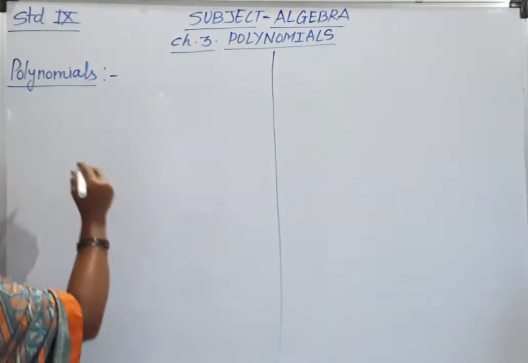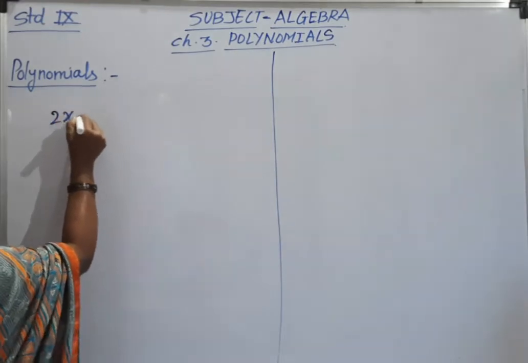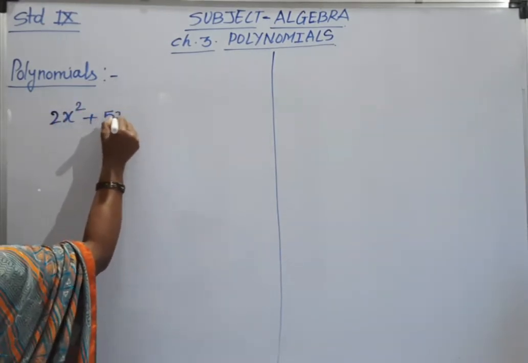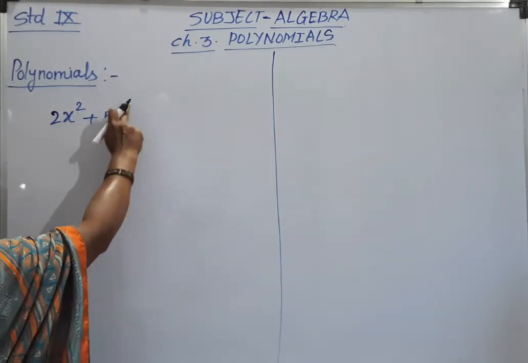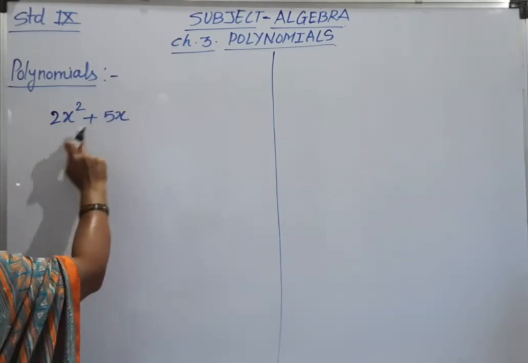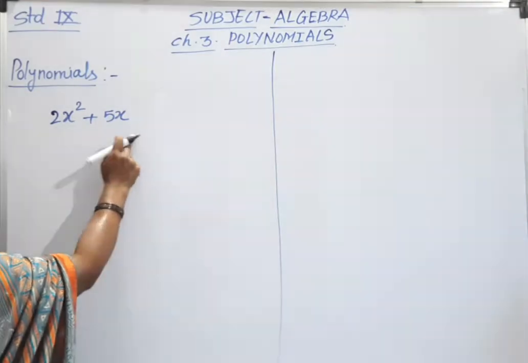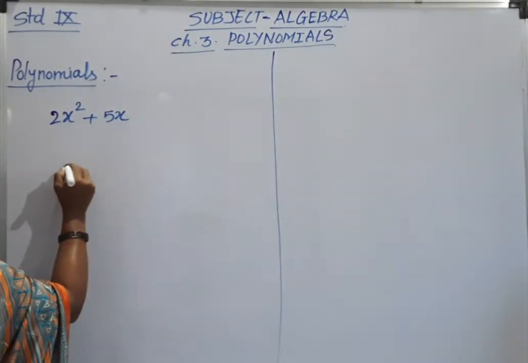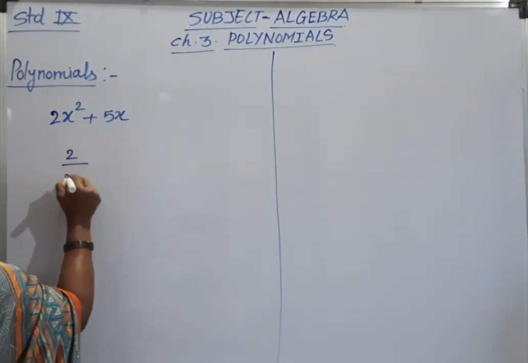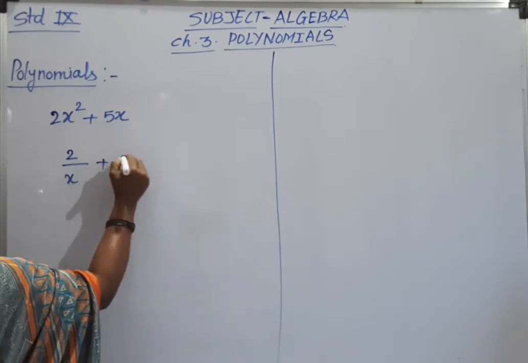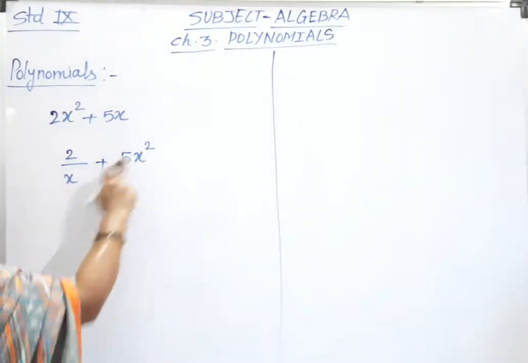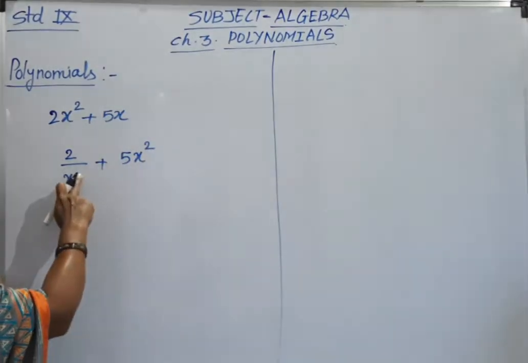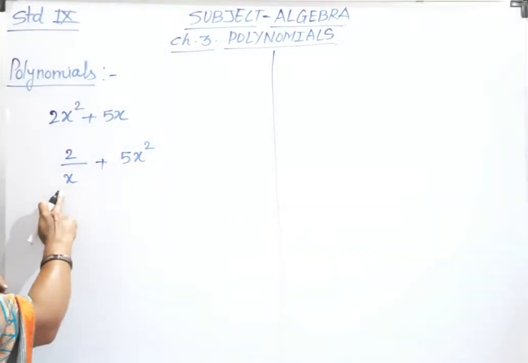Now for example, suppose it is 2x square plus 5x. Here the degree of this variable is 2, here the degree is 1, that's why it is a polynomial. Now if it is like this, 2 upon x plus 5x square. Here the degree is 2, but in this term the variable is in the denominator.